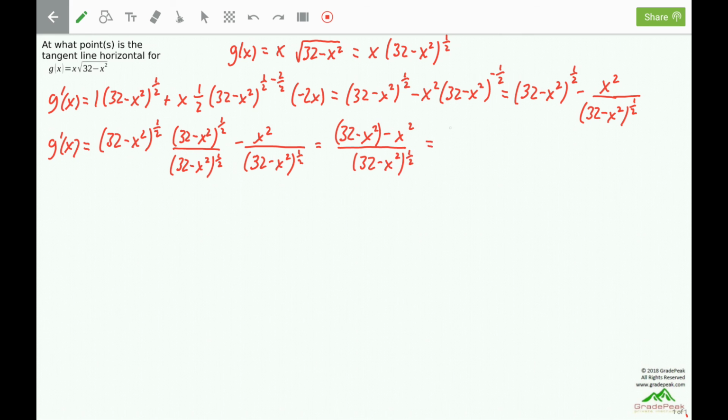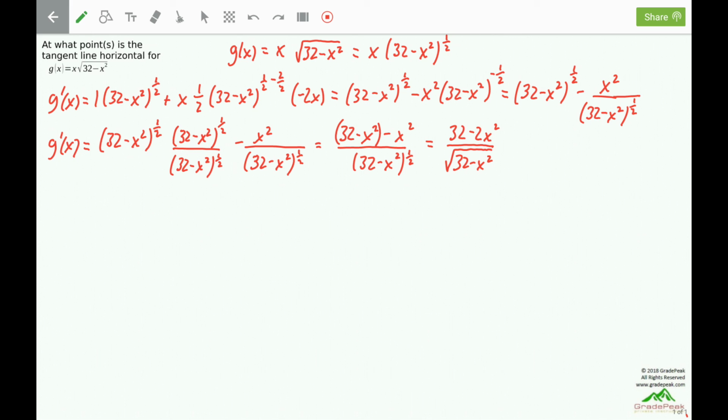Well, in the numerator, we can take the parentheses away, and we will have 32 minus x squared minus another x squared, so 32 minus 2x squared, over that denominator, 1/2 power, which is the same thing as the square root, just the square root of 32 minus x squared.